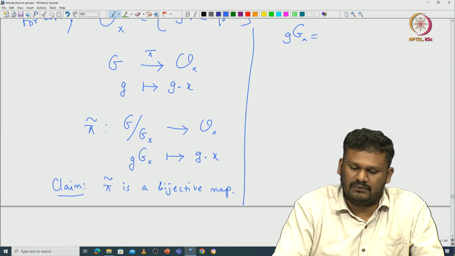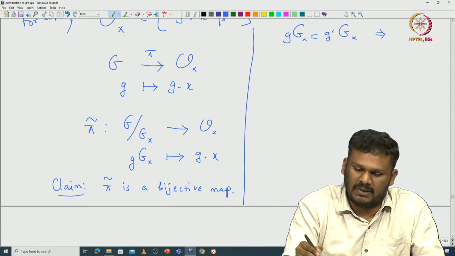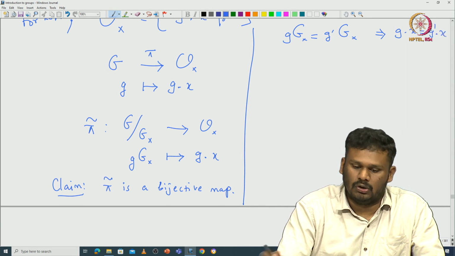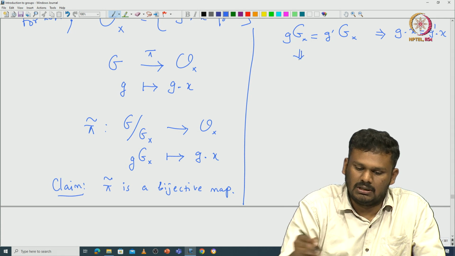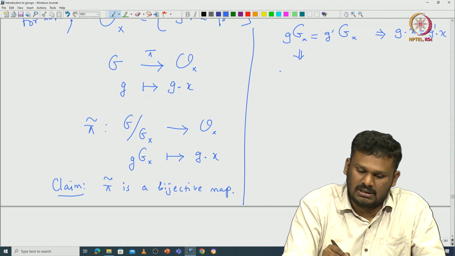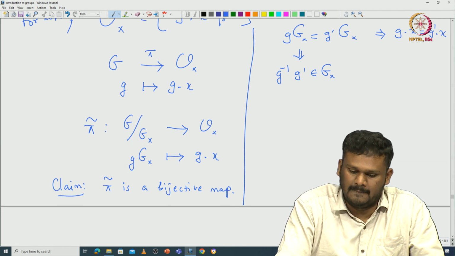So if you start with two cosets, gGx and g'Gx, then that should imply that g dot x is the same as g' dot x. But note that gGx equal to g'Gx gives us g inverse g' is inside Gx. This is by definition.